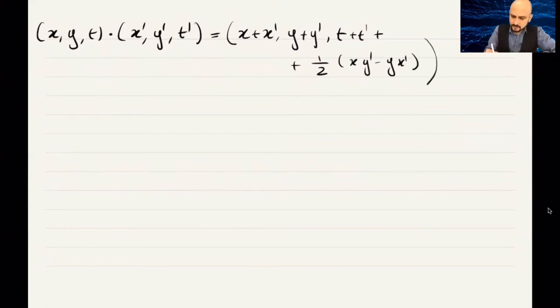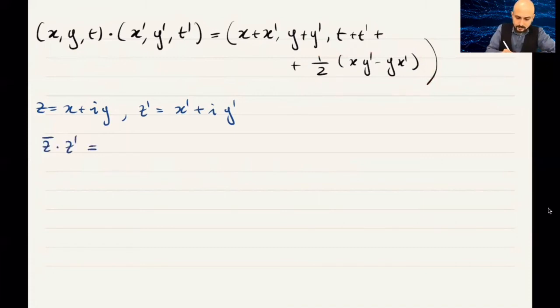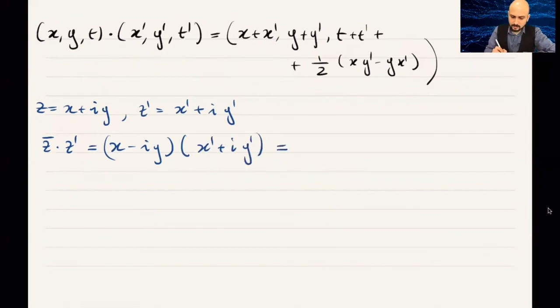Okay, let's check if this is the same thing. What I'm doing is taking z equal to x plus iy, z' to be x' plus iy'. And now this is the term that I have to look for, so let's calculate z bar times z'. So z bar is x minus iy, z' is x' plus iy'. Let's do the multiplication. There is some real part, which I don't want to calculate now. What is the imaginary part?